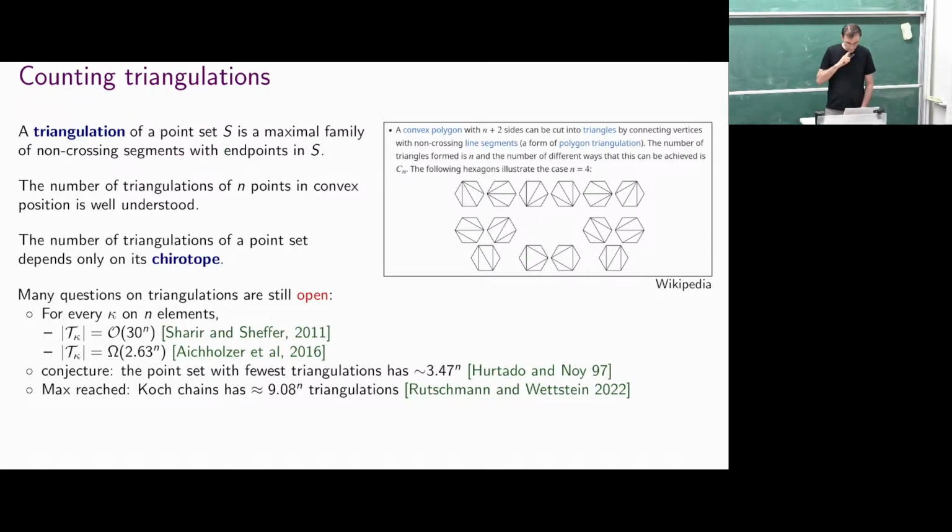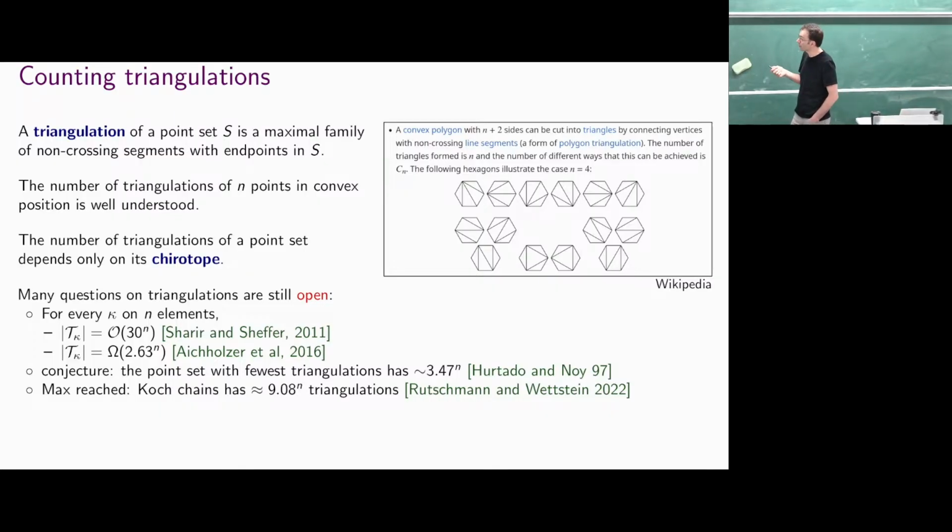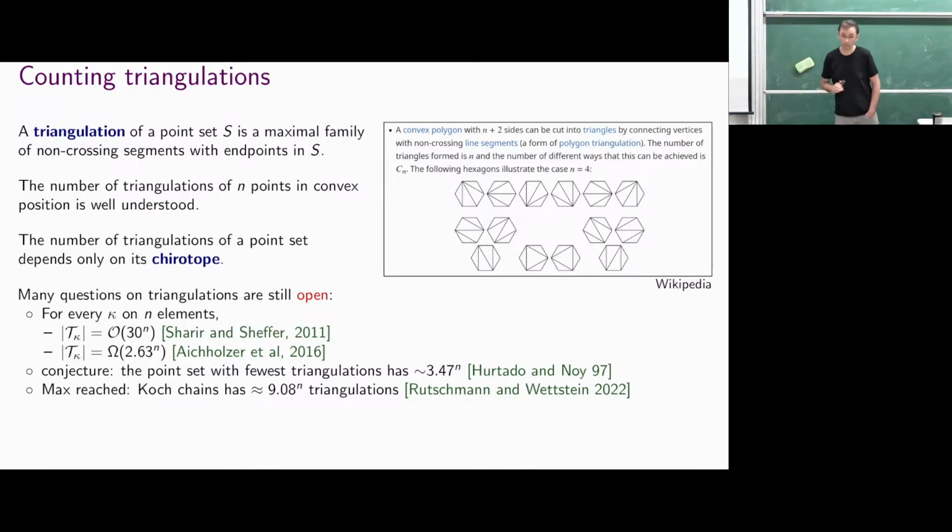As you can see, on the low end, we know that it's exponential. Every point set must have at least 2.63 to the n triangulations, and we know an example having 2.47 to the n. On the high end, we have an example with about 9 to the n, and we know that every configuration has at most 30 to the n.